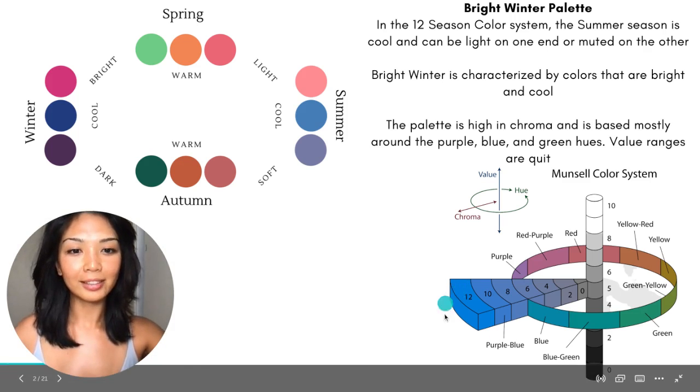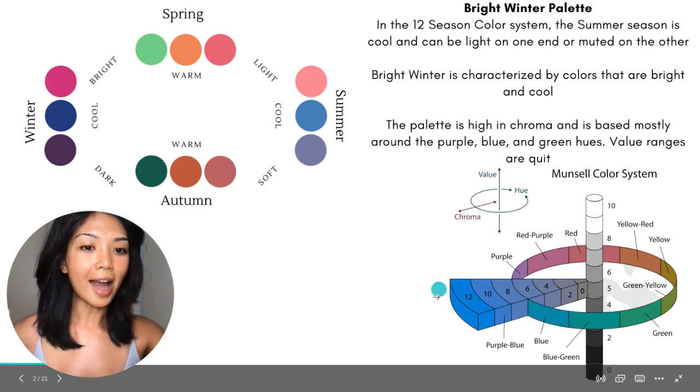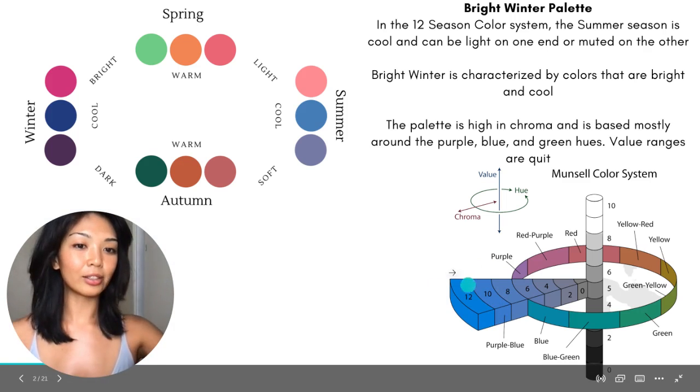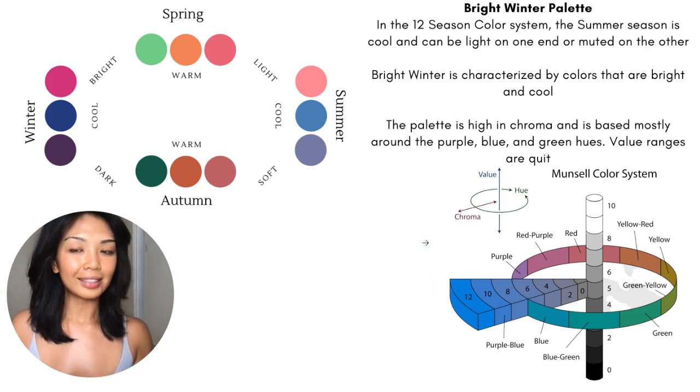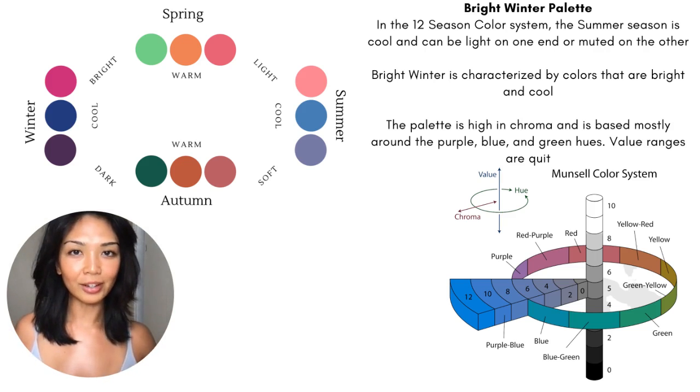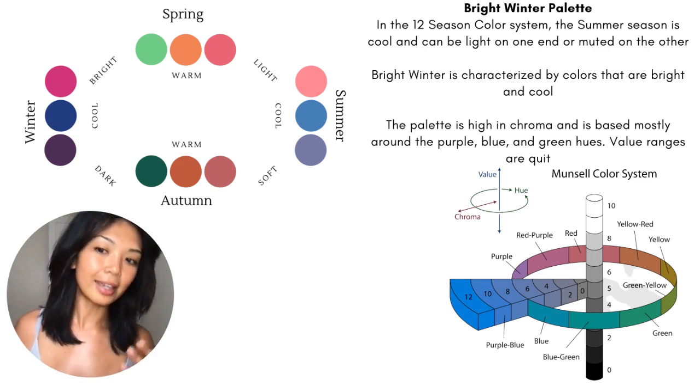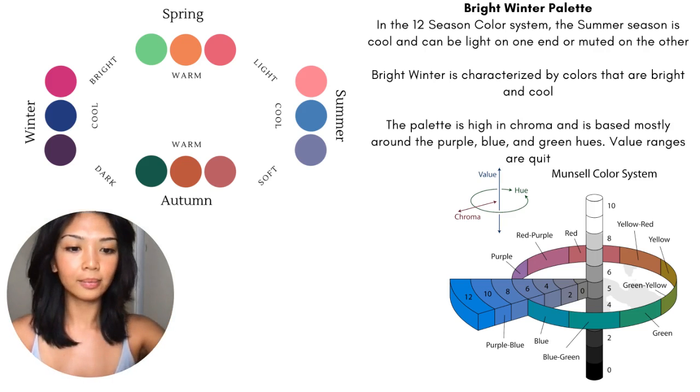Bright winter is going to be high chroma, so you're going to see a lot of saturation and intensity. Oppositely, if you've seen my previous video on soft summer, those colors are very muted, hazy, and soft.